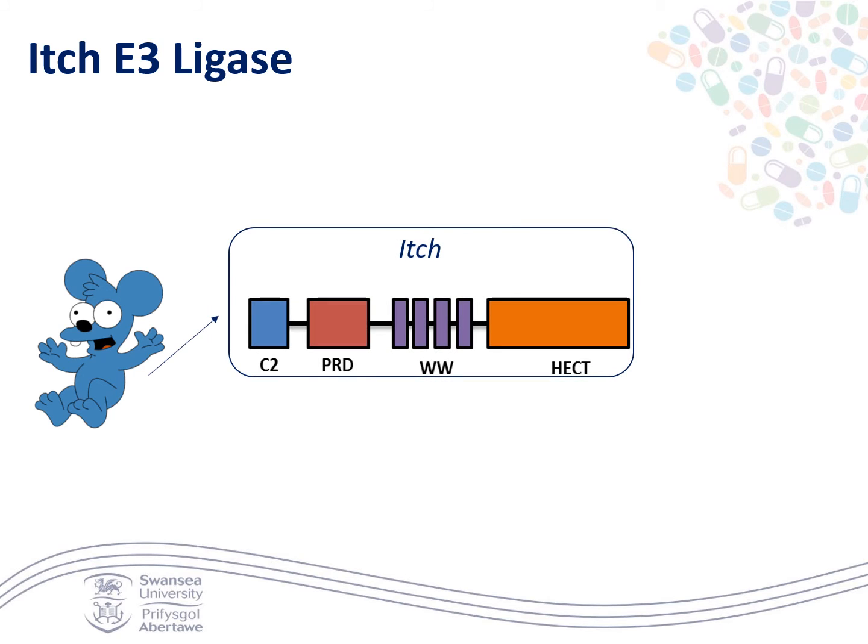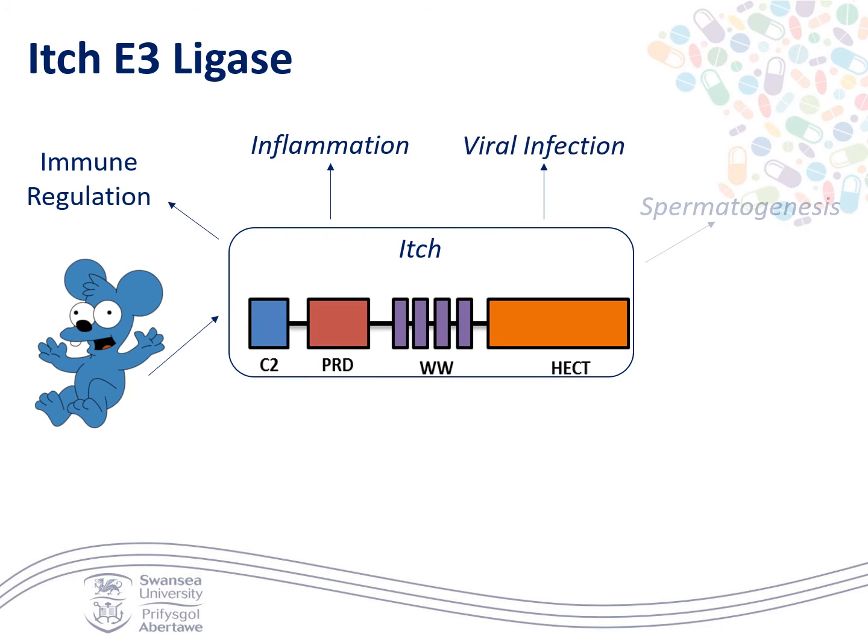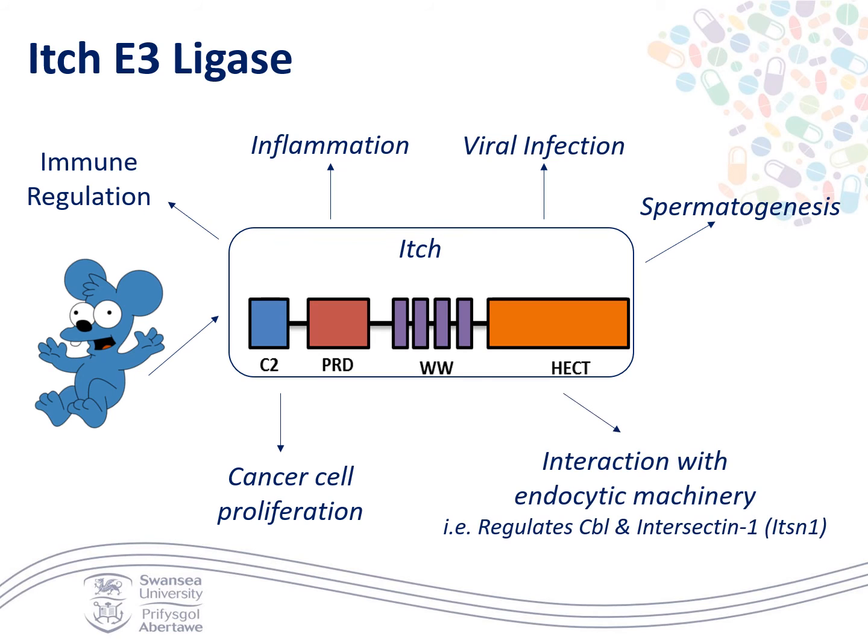Since then, however, the ITCH protein has been shown to have a number of distinct functions, such as immune regulation, inflammation, and spermatogenesis, and has also been shown to have a role in disease states, including things like cancer cell proliferation, and also having a role in interacting with key endocytic machinery, including proteins such as Sybil, which is responsible for the ubiquitination of EGFR, and intersectin-1, which is at the intersection between endocytosis and cell signaling.